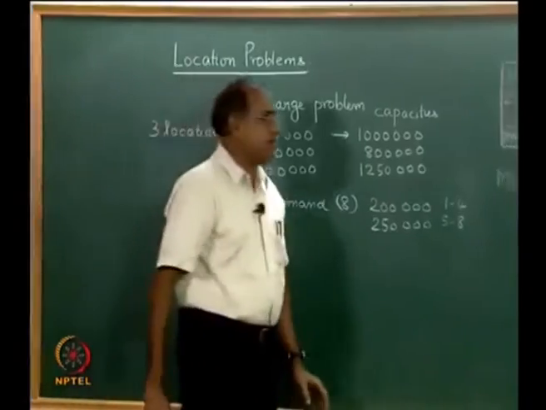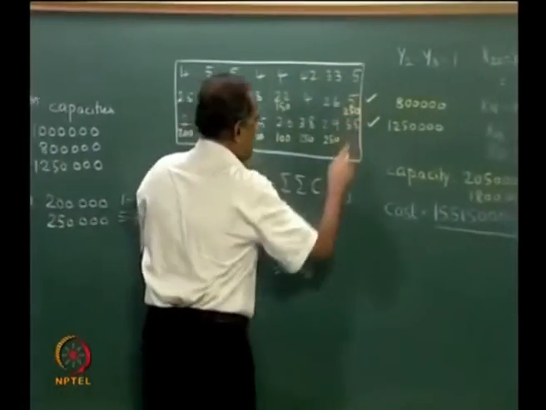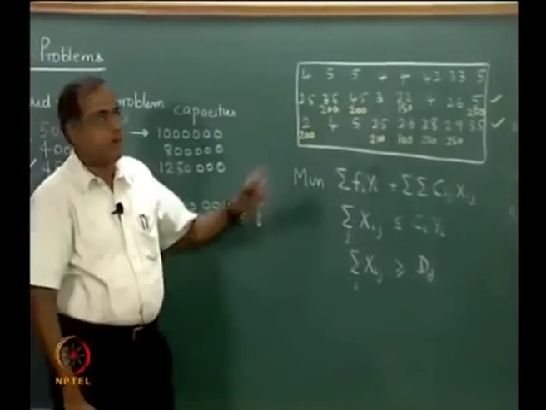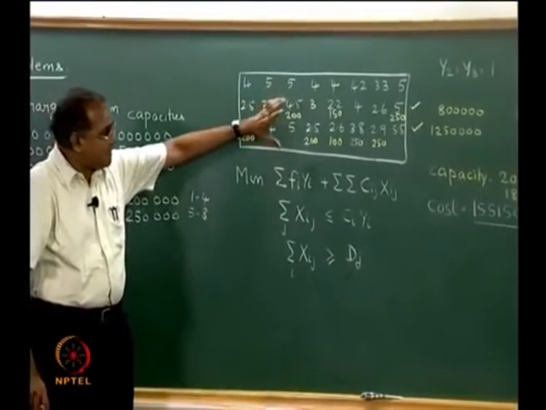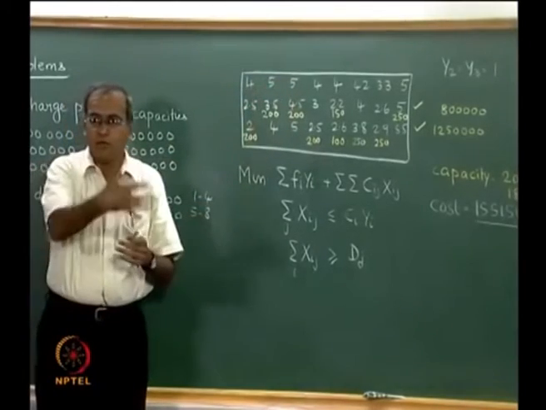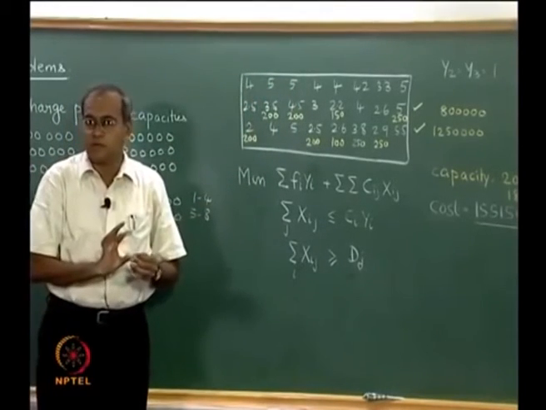Another way of solving it is to try and solve a transportation problem first, looking at all of these, and then we will try and get some facilities being used, some facilities not being used.